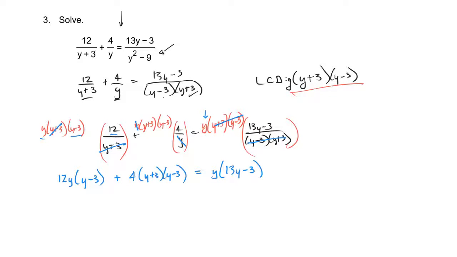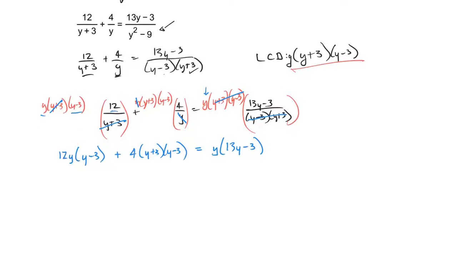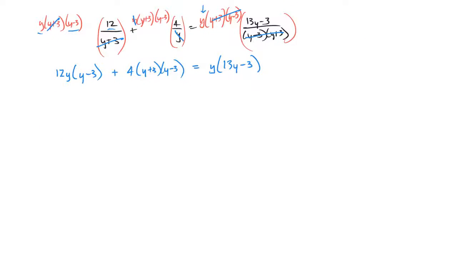Okay, now at this point you may want to pause and see if you can finish it, and then press play and see if we come up with the same answer. Okay, so now I'll multiply this through: 12y squared minus 36 plus, I'm going to FOIL this first, so leave the 4 out. That'll be y squared minus 3y plus 3y minus 9.